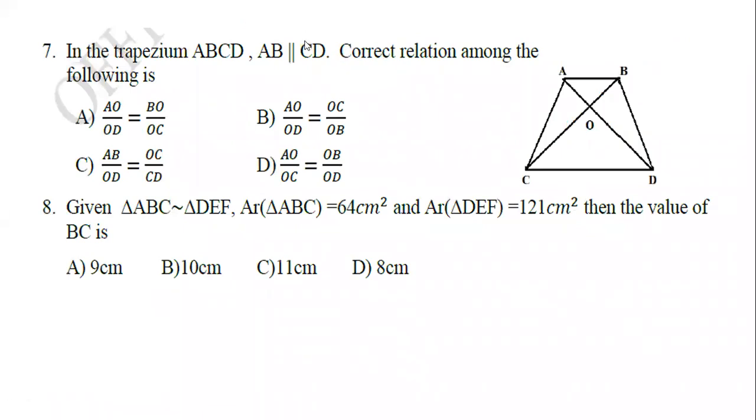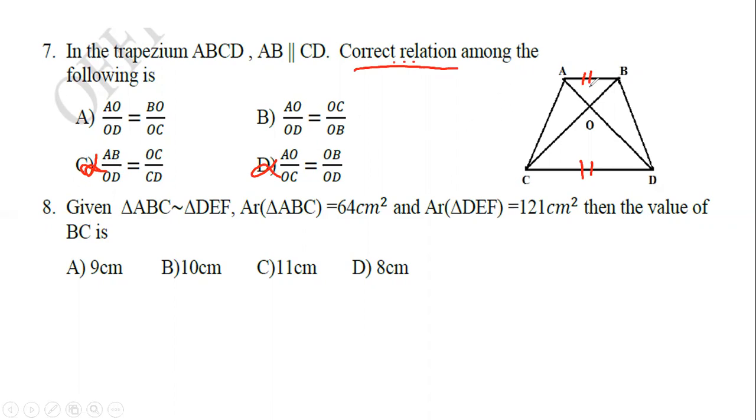Here, in trapezium ABCD, AB is parallel to CD. You need to choose the correct relation among the following. AO by OD appears in the options, and option C does not hold good.